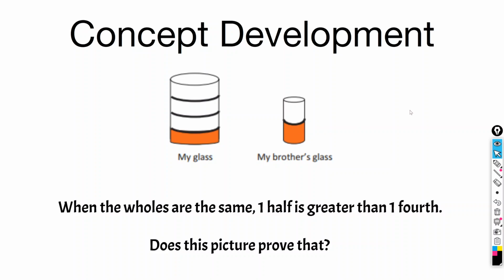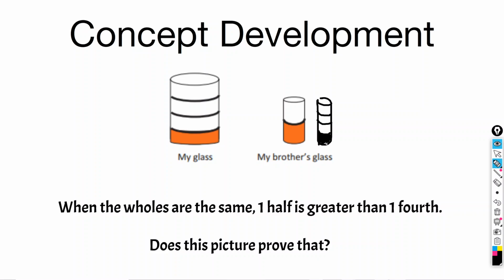If we were to draw, or if I were to drink out of a glass that was the same size as my brother's, and I divide it into fourths, and I still drank 1/4, it would be very obvious that in a glass that is the same size, 1/4 is clearly smaller than or less than 1/2.